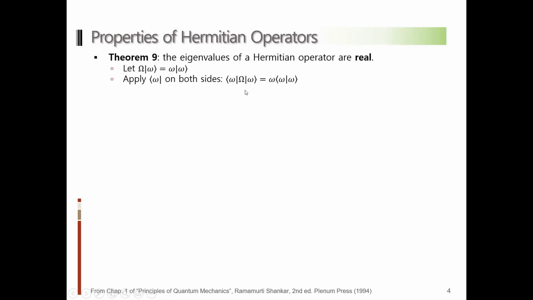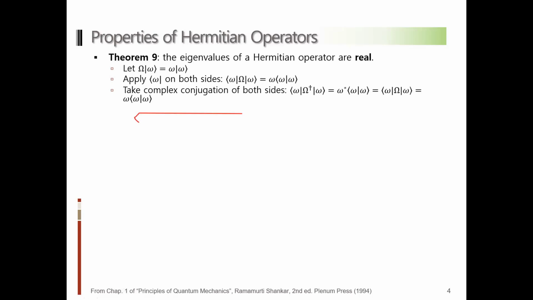Next, we are going to take the complex conjugation of both sides. Then how can we obtain this relation? Well, let's see some general property. Assume that we are calculating some inner product between two vectors and some linear operator.